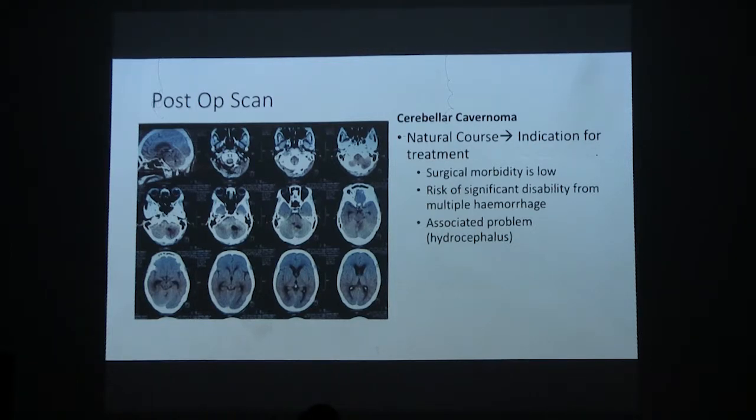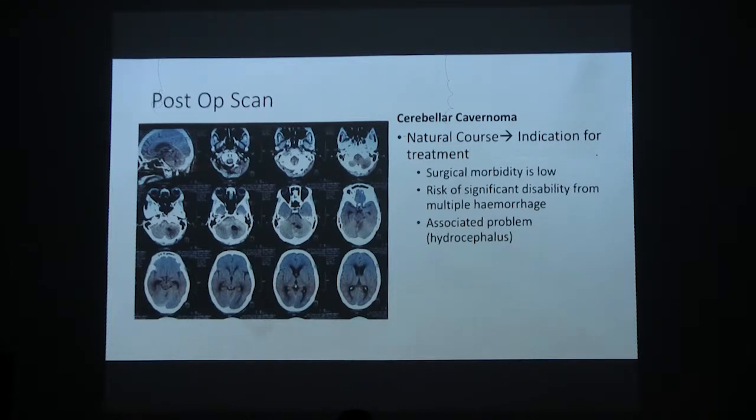If we take a look at cerebellar cavernoma, I think cavernomas have a wide spectrum. Some cavernomas are found coincidentally during MRI and never bleed. If you follow them, they never bleed. Should we take them out? No. Some cavernomas will grow in size, never bleed, but they grow. It's less like a tumor.